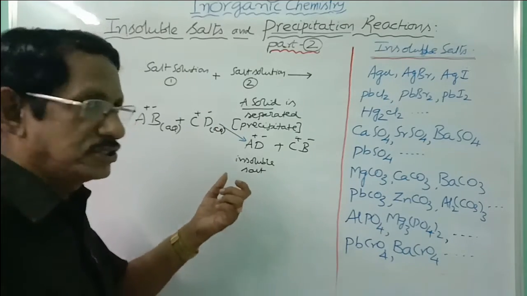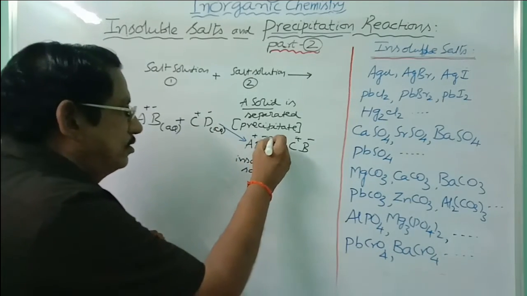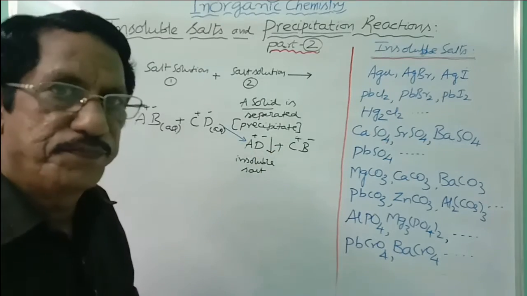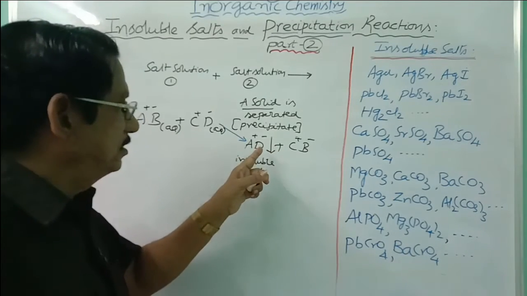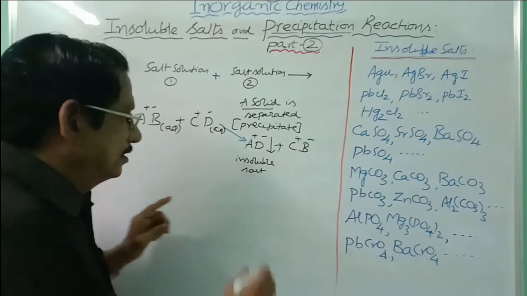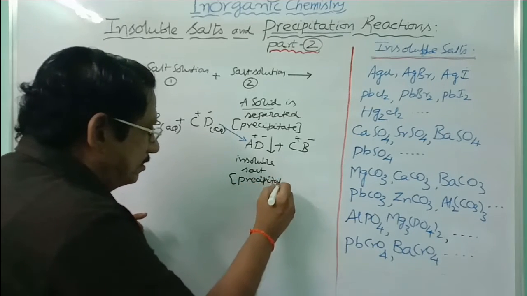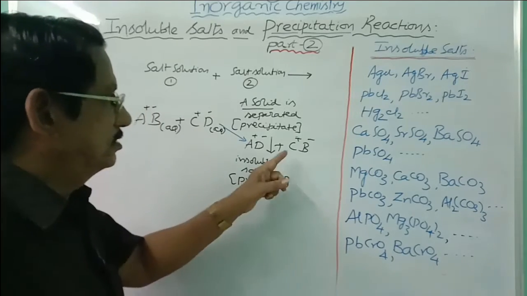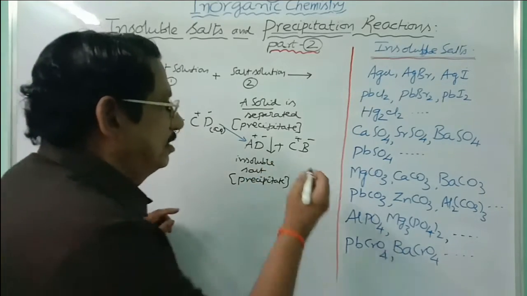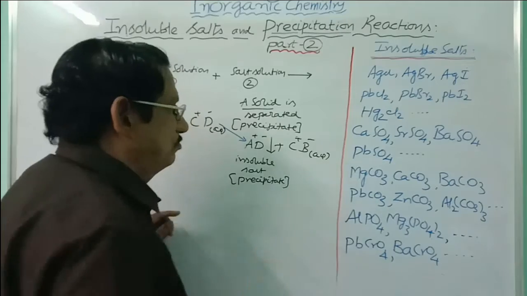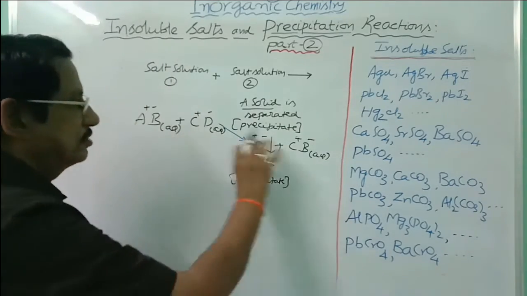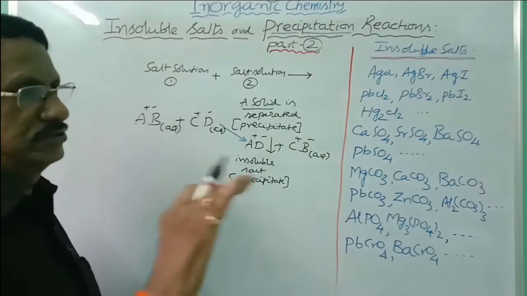When it is coming down as a solid, it is represented by a downward arrow mark like this. And this AD, which is coming as a solid, that is what you call precipitate. And CB salt, that remains in solution in the aqueous form. Such types of reactions are called precipitation reactions.